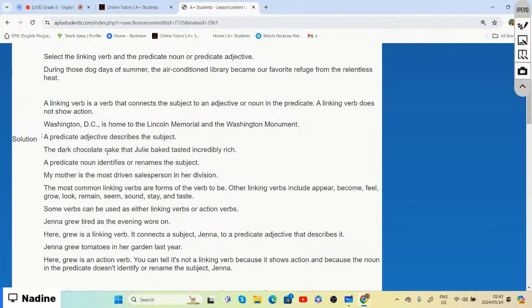So here it says Washington, D.C. is home to the Lincoln Memorial and the Washington Monument, a predicate noun. So we basically say that the predicate adjective describes the subject.